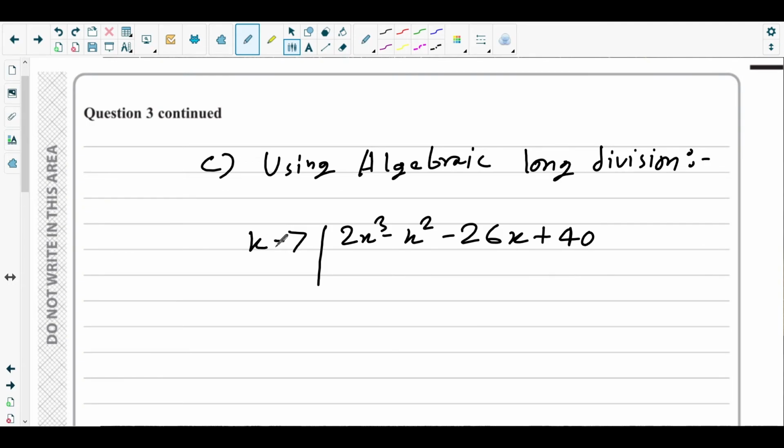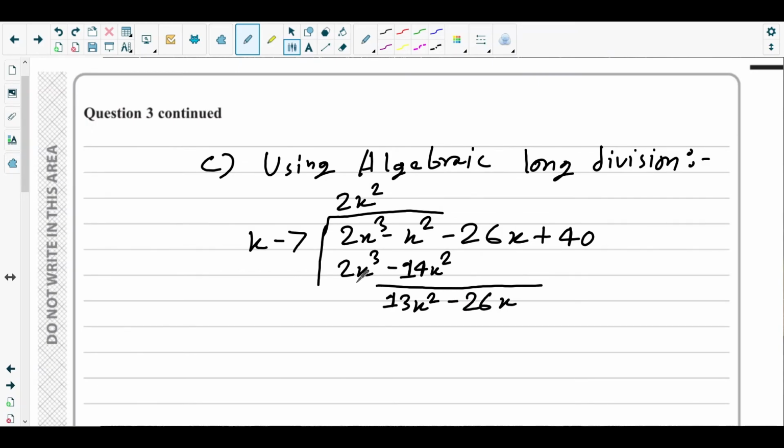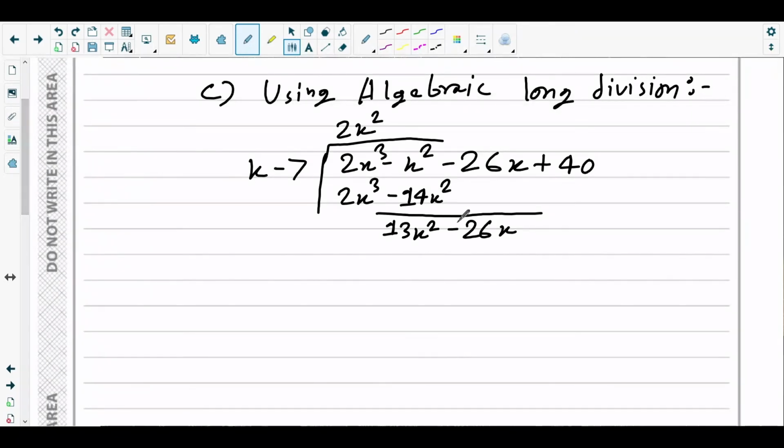Okay, so what do we need to have in the quotient at first? 2x squared, right? 2x squared, so that we have 2x cubed there, and negative 14x squared. Okay, so 2x cubed cancels out, and you will have 13x squared there, and then take negative 26x down, because there are two terms in the divisor.